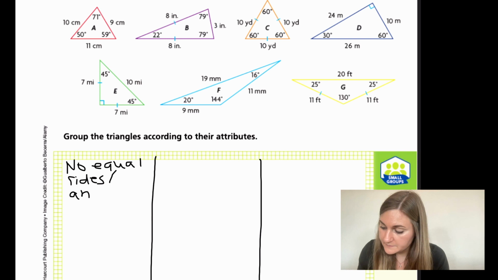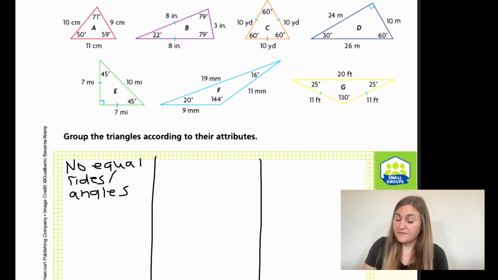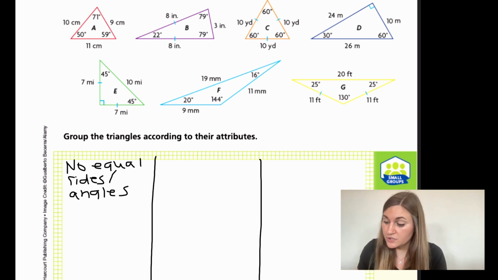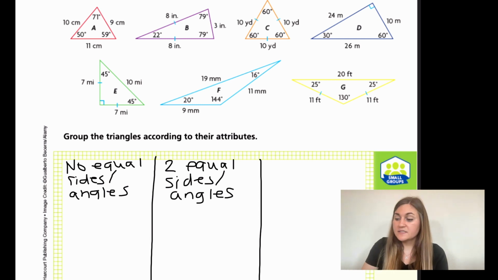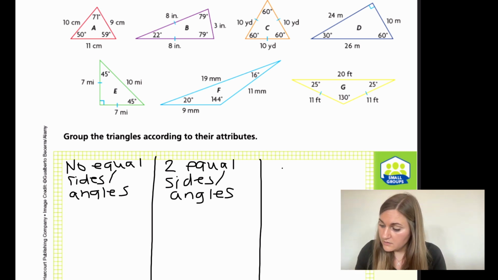Then the next one is if there's going to be 2 that match, so 2 equal sides or angles. All right, and the next one is if all 3 of them match, so all 3 equal sides or angles.